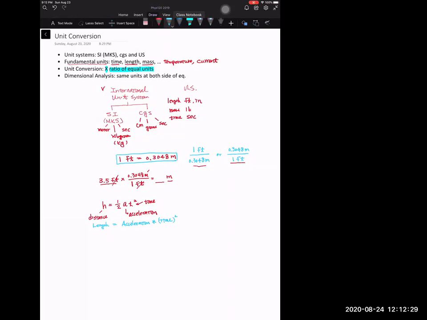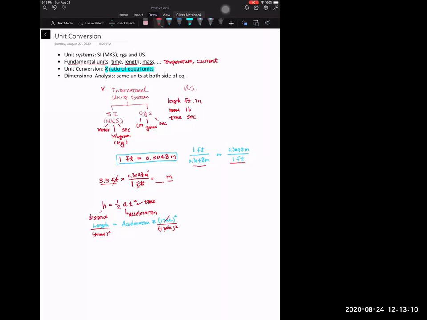Simply divide both sides of the equation by time squared. So this will cancel out, and on the right hand side you have acceleration, and on the left hand side it gives you what is equal to the acceleration.